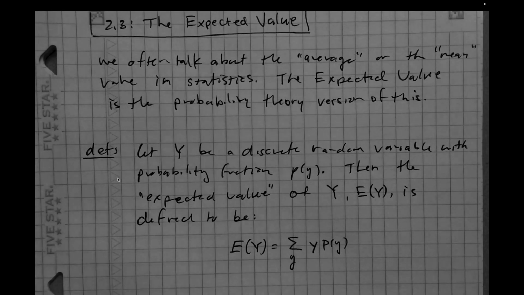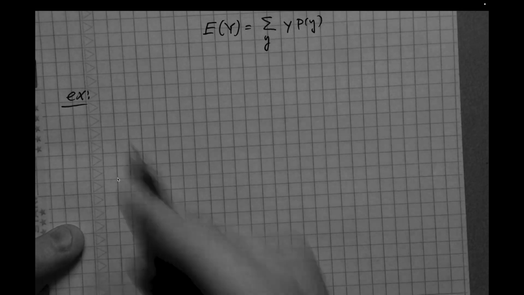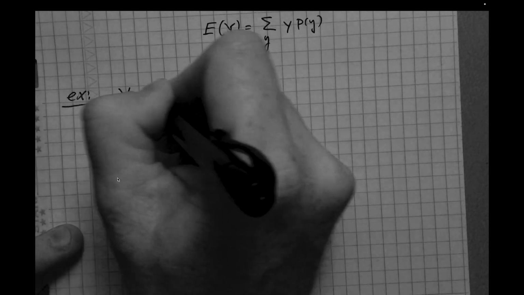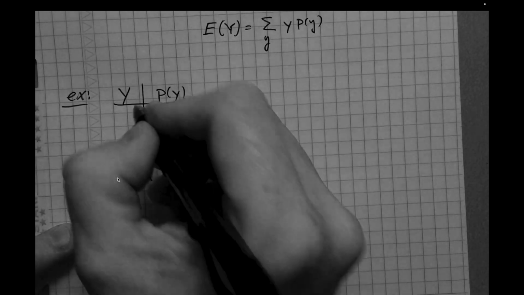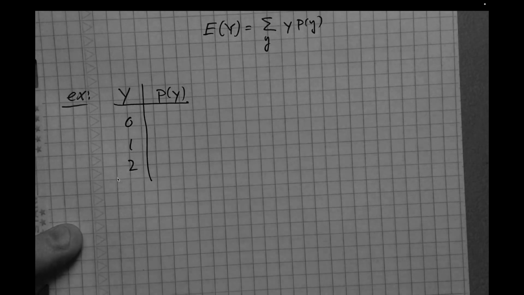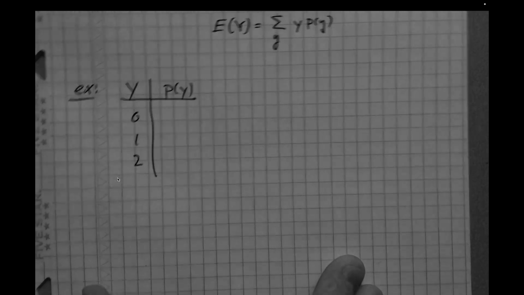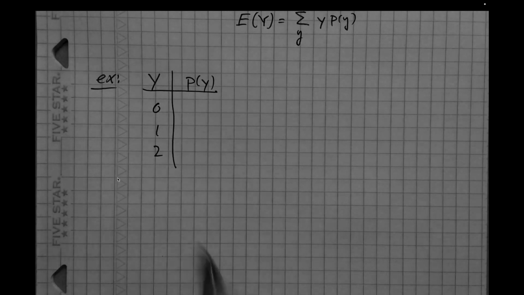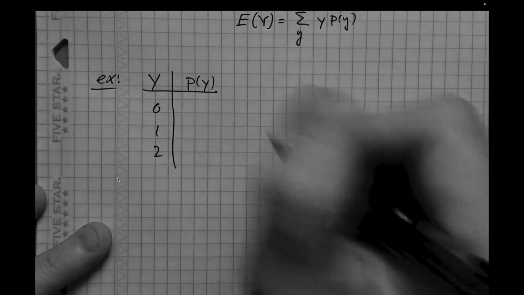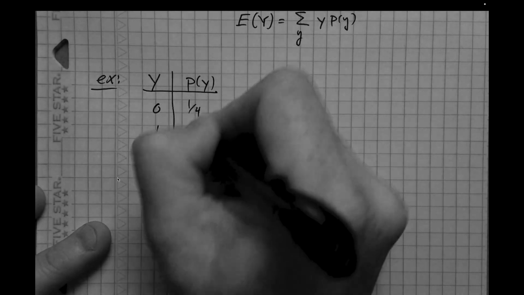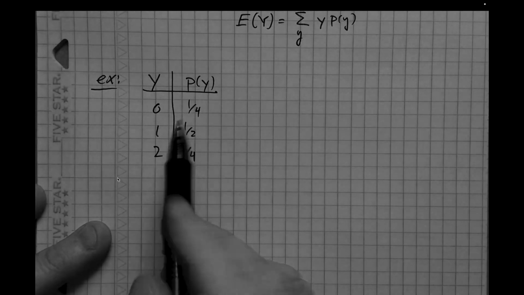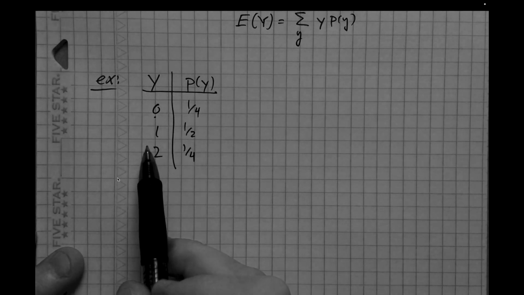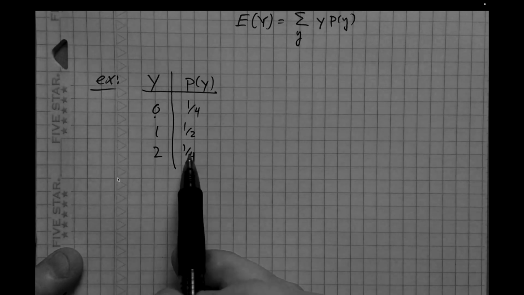So a quick example, just to solidify that concept. Consider this probability distribution. So I've got 0, 1, or 2 as the values that the random variable can take on. And the probabilities that correspond to those values are 1/4, 1/2, and 1/4. Right, so the probability of 0 is 1/4, probability of 1 is 1/2, probability of 2 is 1/4.